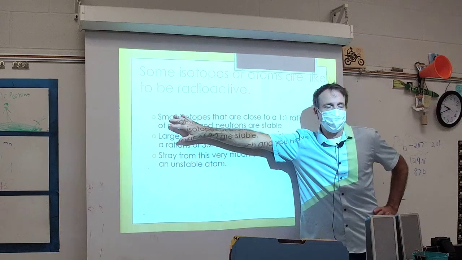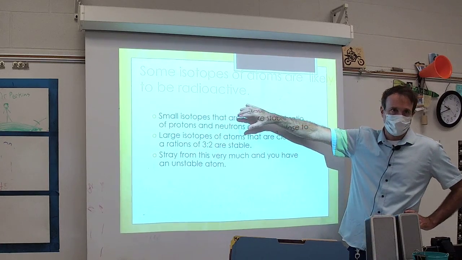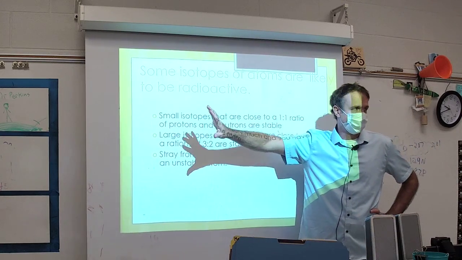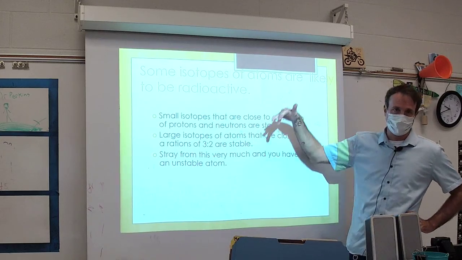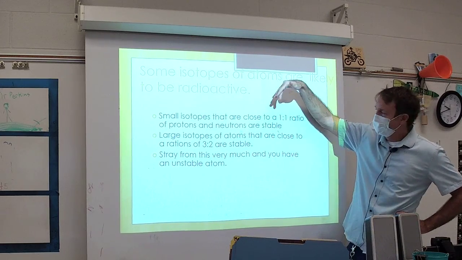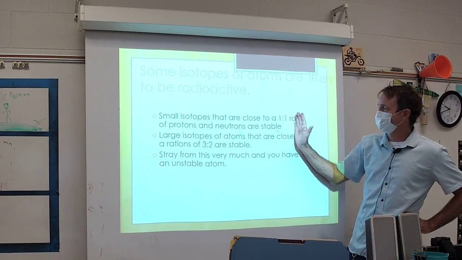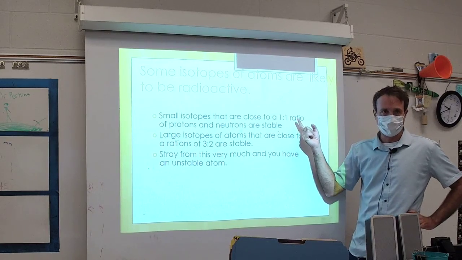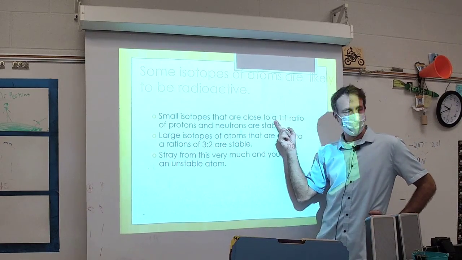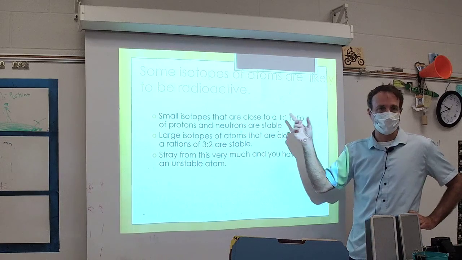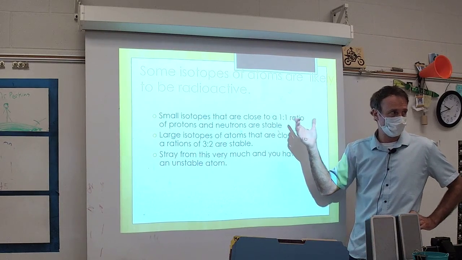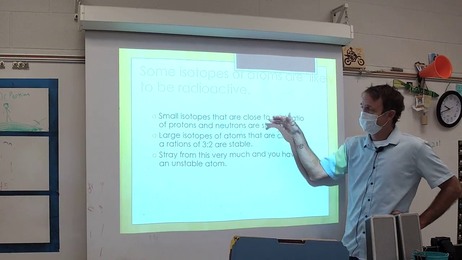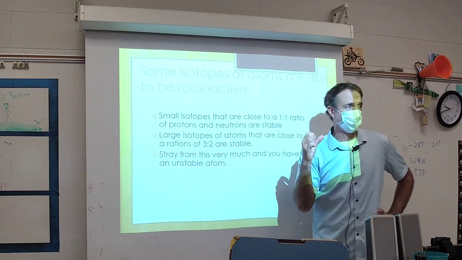If you're a small atom like sodium or fluorine or oxygen or nitrogen, some of the smaller atoms up near the top of the table, your ratio of neutrons to protons needs to be about 1 to 1, okay? If you have about a 1 to 1 ratio, like oxygen is 8 to 8, you're going to stay together.